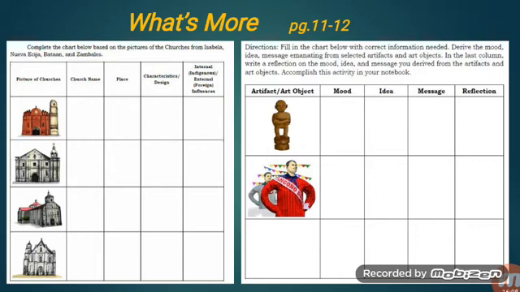Accomplish this in your notebook. Or, sagutan po ito sa inyong mga module. Kung hindi po kasya ang inyong sagot, maaari pong gumamit ng extra paper at idikit po sa inyong module.